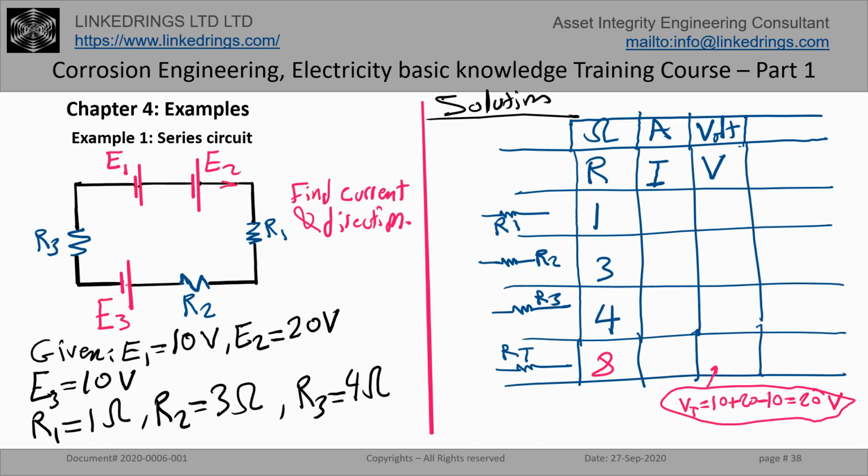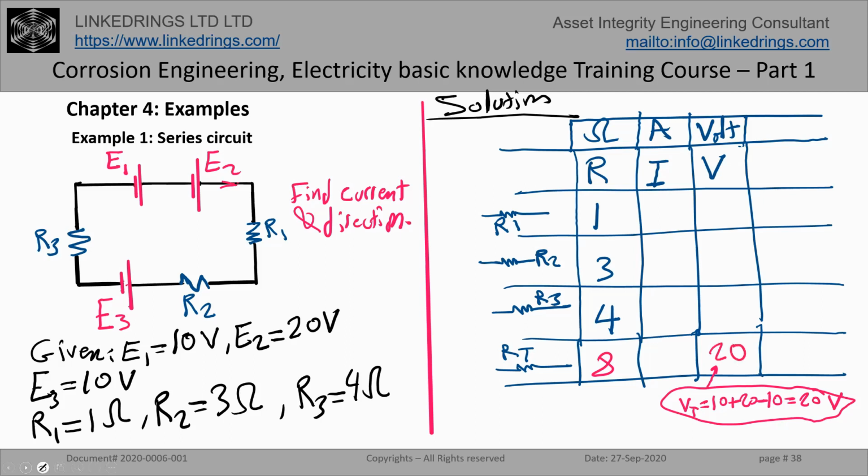Okay, so E1 is in my direction, E2 in my direction. So the total source voltage is equal to E1 plus E2. Then I go here to E3, it is in the opposite direction, so minus E3. So 10 plus 20 minus 10, so 20 volts. This 20 volts is the voltage here for the R total.